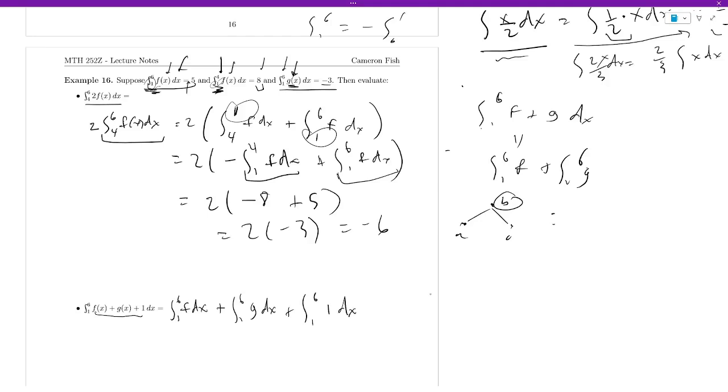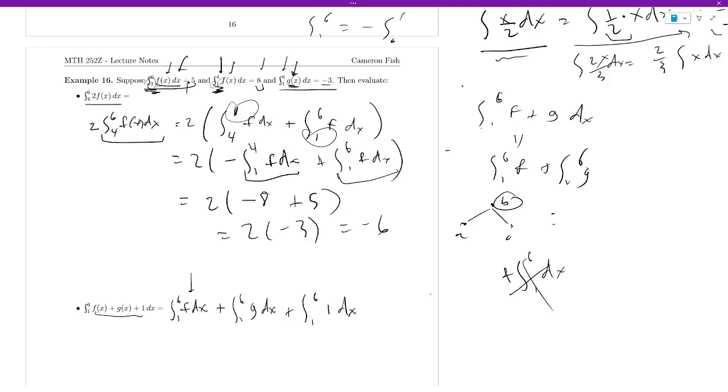Two things I want to mention here. Right here, I've been writing just f dx. I should be writing f of x dx, but I'm lazy and just writing f dx. It's okay to write f dx as long as you know what you're doing, but it's short for f of x dx. I don't want to forget that f is a function of x. And I really don't want to start thinking that f is a number and then start pulling the f out front.